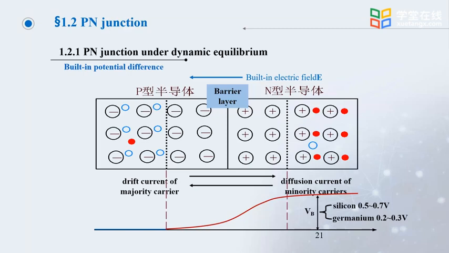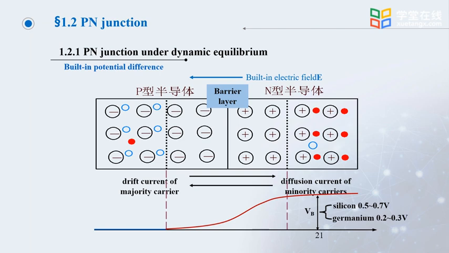For silicon materials, the size of VB is about 0.5 to 0.7 volts. For germanium material, it is 0.2 to 0.3 volts. We use a formula to calculate VB. As shown in this formula, we can see that VB is directly proportional to Na and Nd, the doping concentrations. One parameter here is Vt, which we need to emphasize is called the thermal voltage.